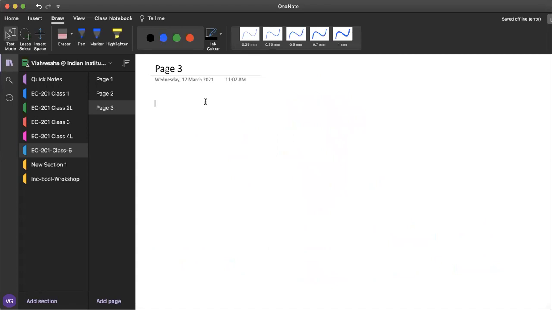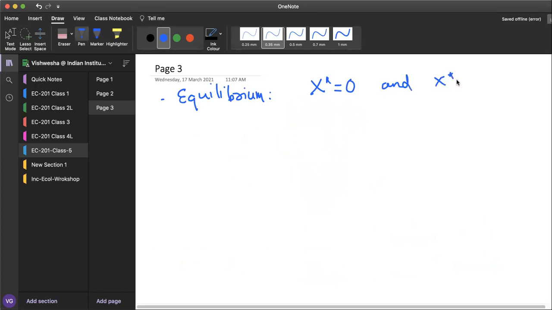Okay, now I will not repeat these calculations because I have done this in the previous class. If you find the equilibrium, you will find that there are two equilibria for this. X star is equal to 0 and X star is equal to (R0 minus 1) divided by R0. Now, how do we find the stability? To find the stability, the first step is to find the derivative df over dn.